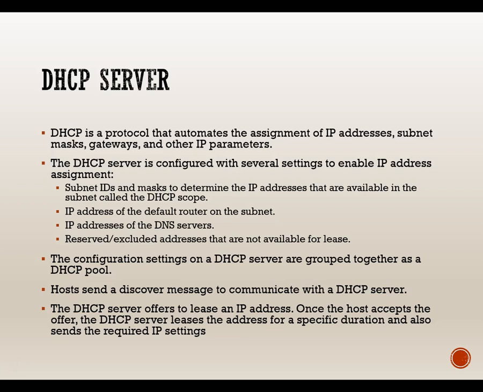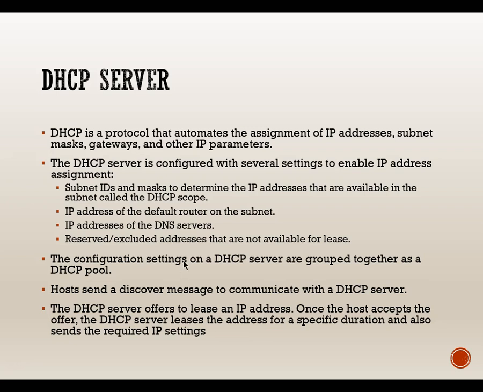Reserved addresses is where we go into the DHCP server and explicitly assign an IP address to a MAC address, and the configurations can be based upon MAC addresses. The host sends a discover message to communicate with the server, and the server offers, the process that we saw in the little image.